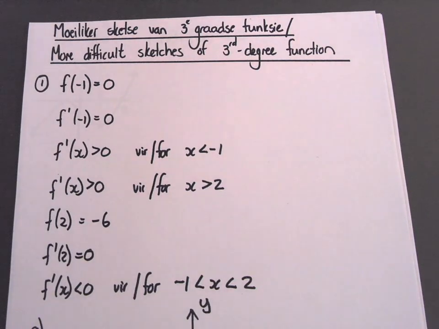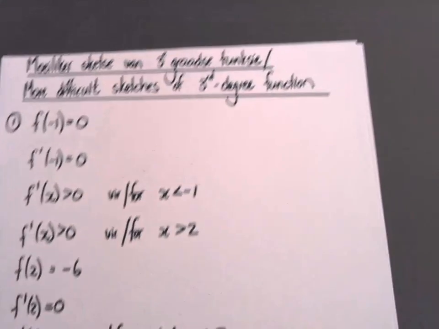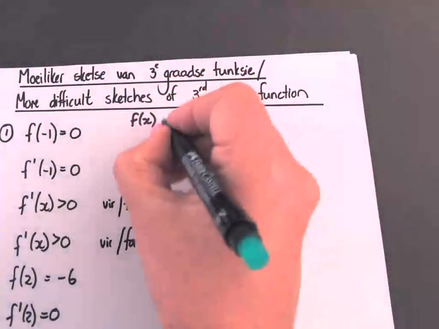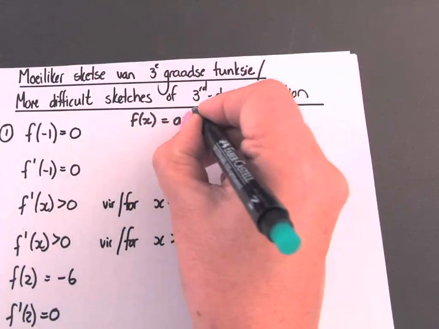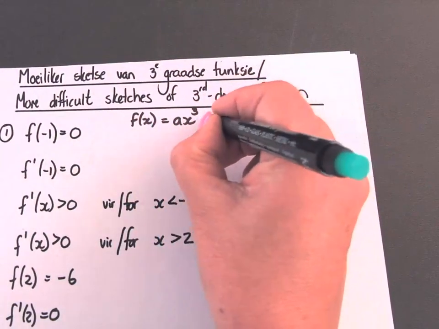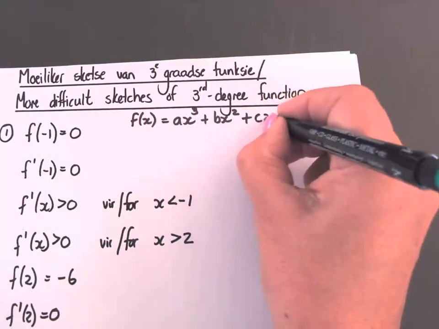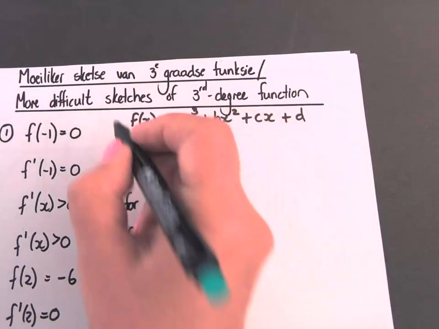Alright. They will give you a function, let's say f(x) equals ax to the power of 3 plus bx squared plus cx plus d.